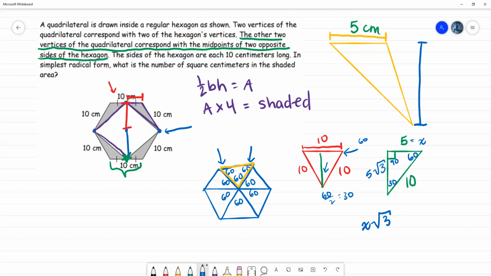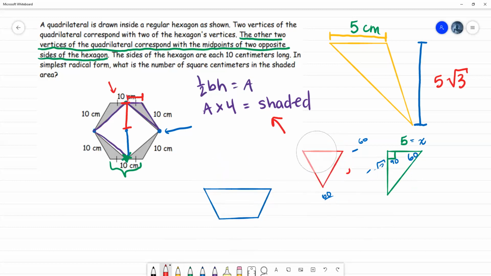So now that we know our height is 5 square root 3, we can plug it into the formula we mentioned before to find out the area of one of the shaded triangles. Let me clear my drawings over here.